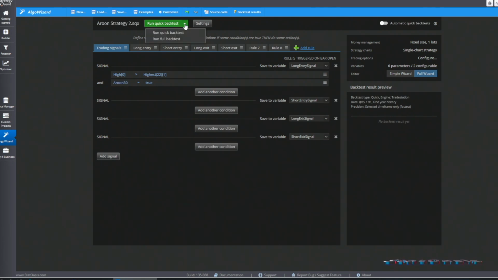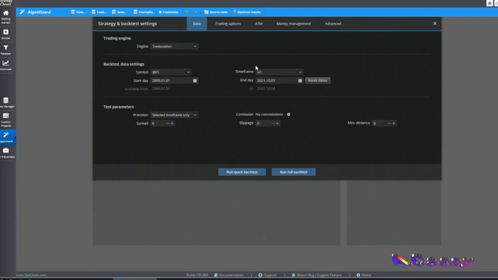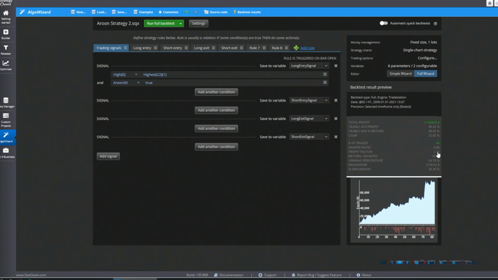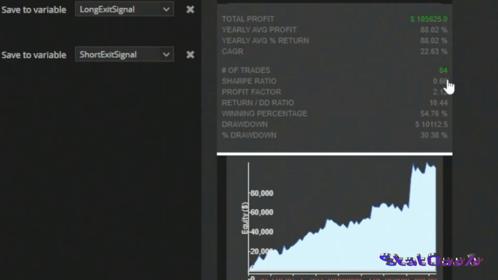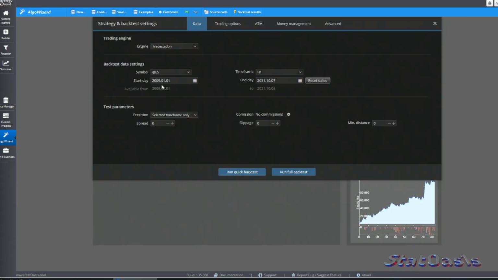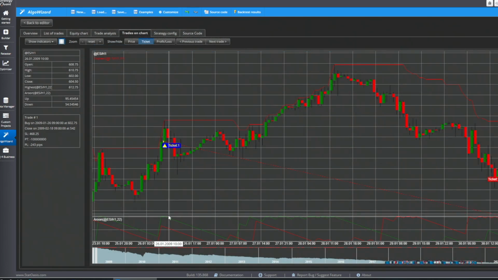And if we run this strategy, and I'm running this strategy now on ES, but on 1 hour time frame. And you can find out why I use the 1 hour, because even on 1 hour, I'm barely getting 84 trades. But the data I have is since 2009. So here is the indicator.